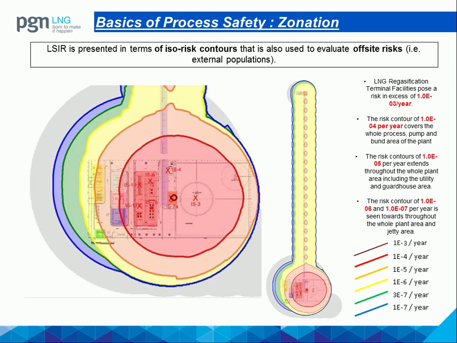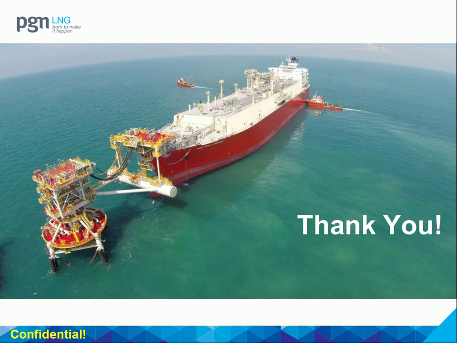What it means is basically we need to avoid building a plant side by side with a school, church or mosque. In this case, based on these ISO risk contours, it should be more than 75 or 100 meters from the fence. So that's all about the process safety risk.